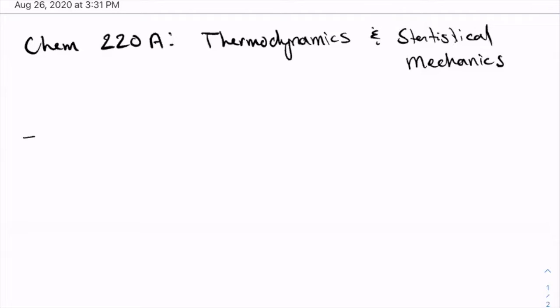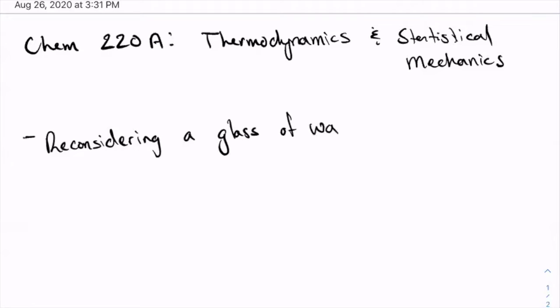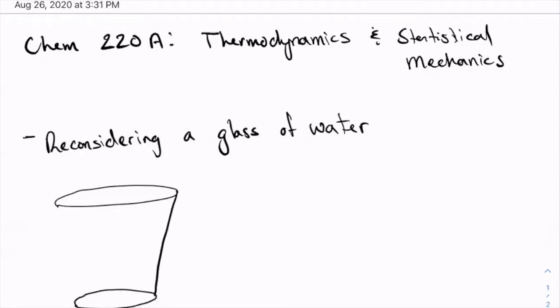Before we get into all of that, today I want to start simple. I want to think back to that glass of water that I showed you right at the top of the lecture. A glass of water, if I was going to draw it out, would look something like this.